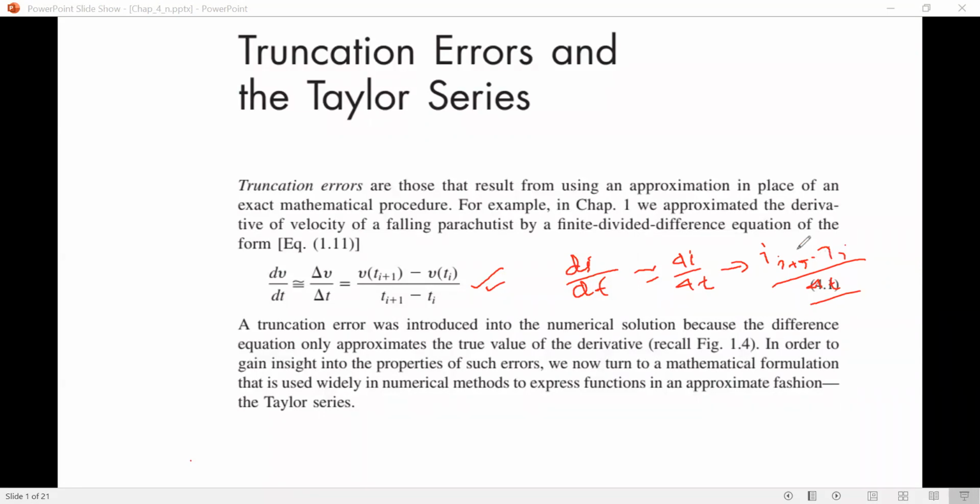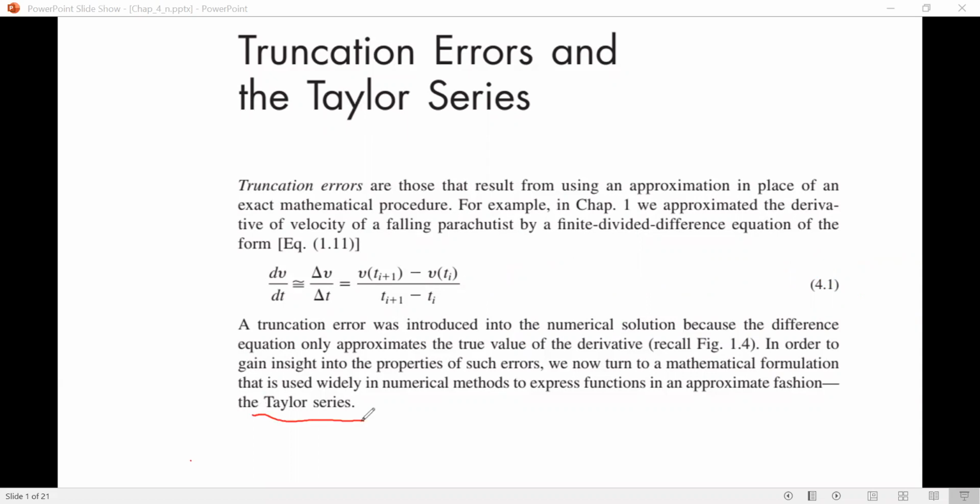Although this equation is derived from the basic definition of slope, you will see that it actually belongs to an approximation technique that we sometimes call Taylor series approximation. Have you heard about Taylor series earlier? Yes, sir. Okay, then you know this.